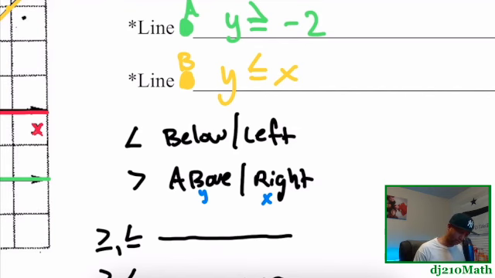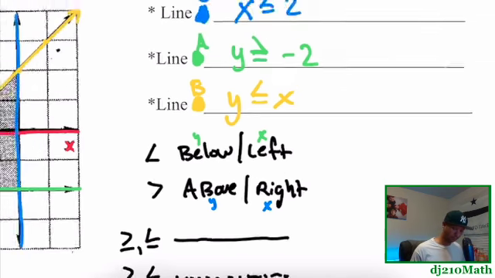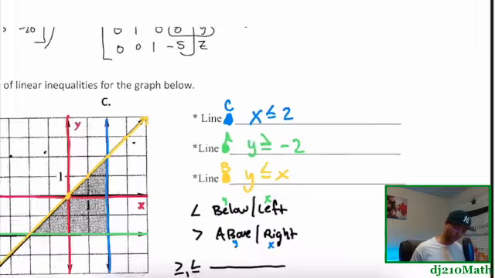Y less than, we shade below. X less than, we shade to the left, right? So X and Y have to be on the left-hand side for these to work. Okay.